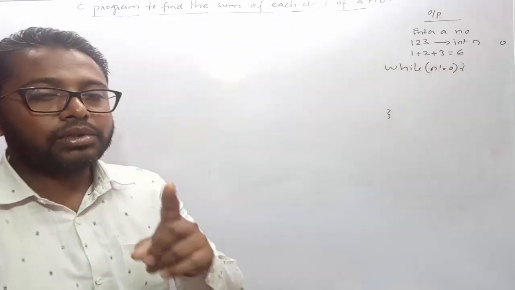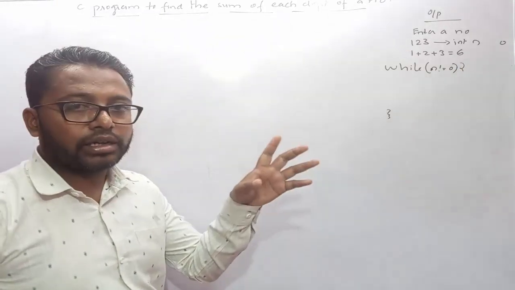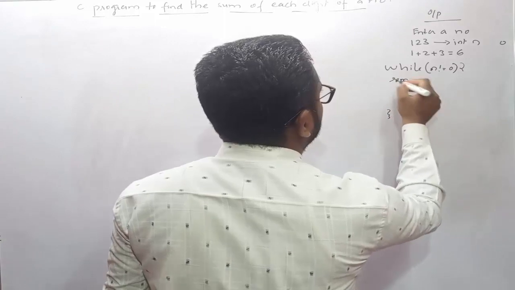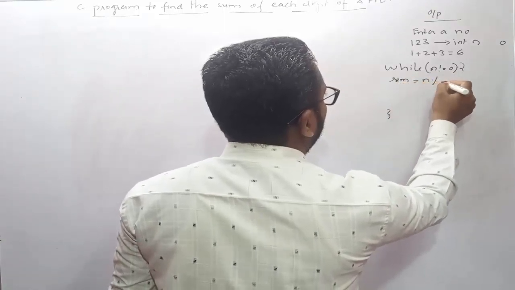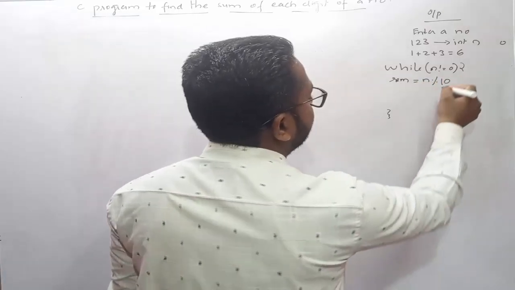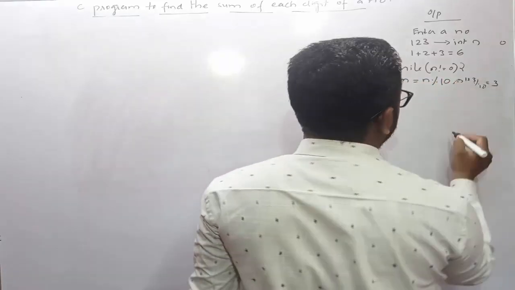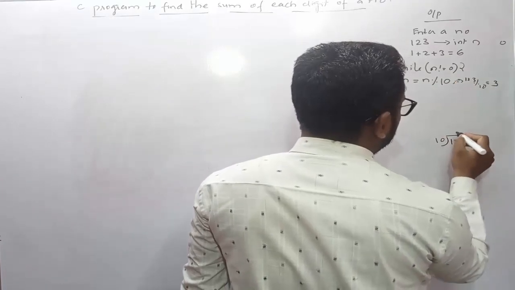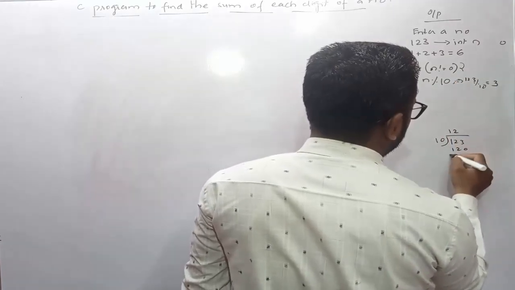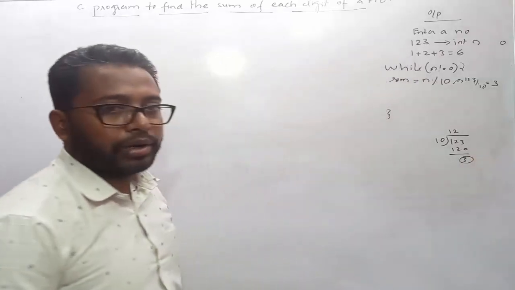What was the first step? The first step was to find the remainder. There is a variable remainder equals n mod 10. When we perform this operation, we will get 3 as the remainder.